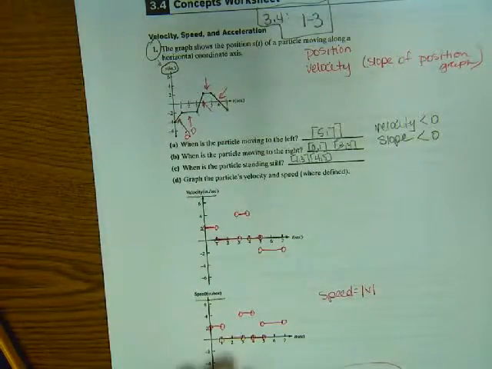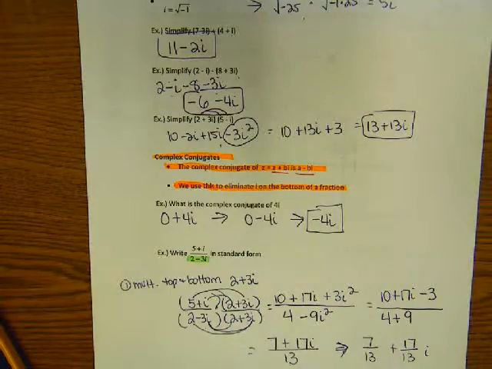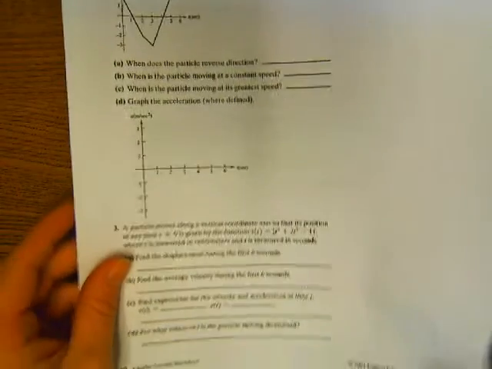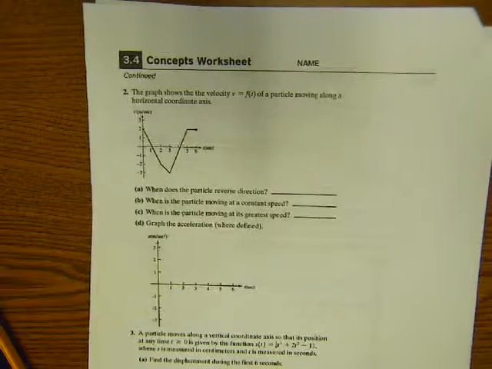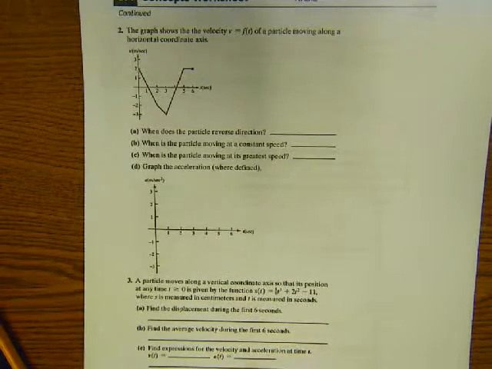Okay, we did this, correct? Let's do 2 together. Now, once again, what am I looking at? Because this is a different question. What am I looking at right now?